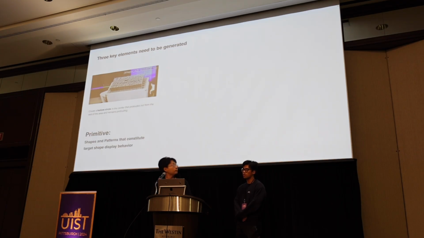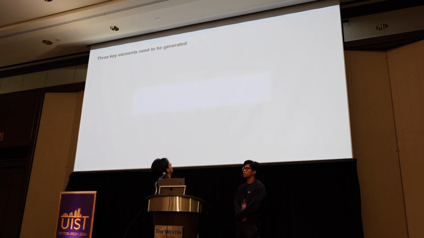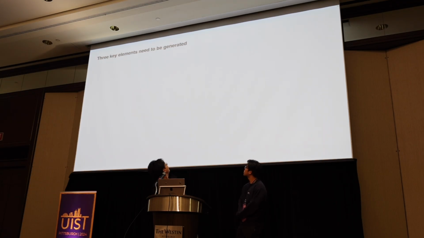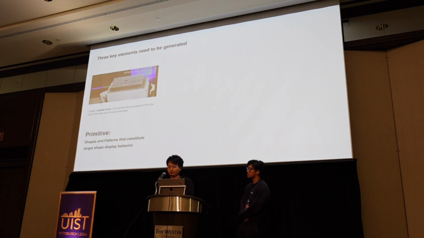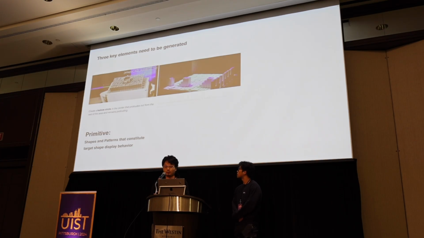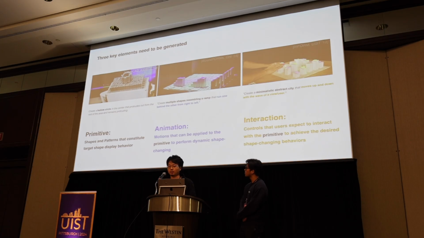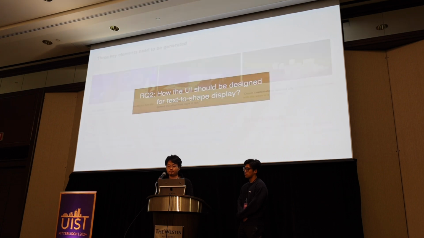They are primitive, the base shape or pattern on the shape display, and animation, which can be applied to the base primitive, and interaction, the controls that the user wants to use to interact with the primitive to achieve the shape-changing behaviors.